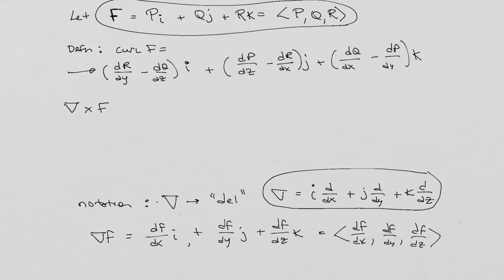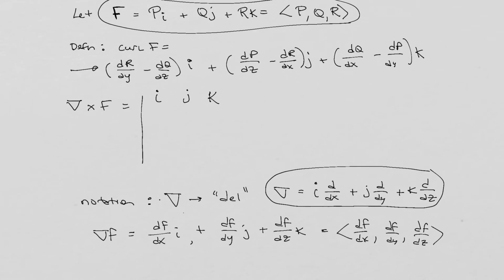Well, if you remember the way we do this cross product, especially for these three-dimensional ones, if I have i, j, and k on my top row, del will go across the middle row. Remember how we're doing del: the ith component is the derivative with respect to x, the jth component is the derivative with respect to y, and the kth component is the derivative with respect to z.